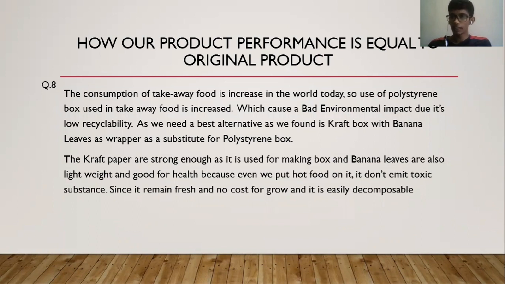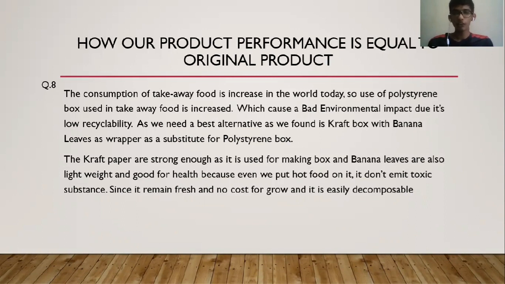It also takes less energy than polystyrene for manufacturing, and we can get banana leaves from banana plants at very low cost compared to polystyrene. It can go to absolutely zero cost.